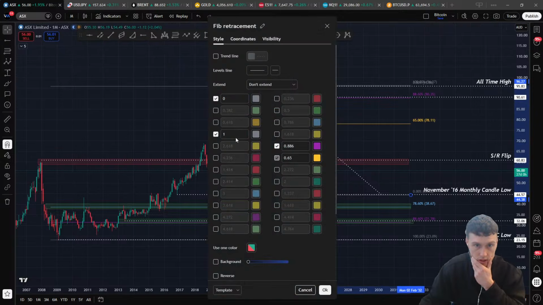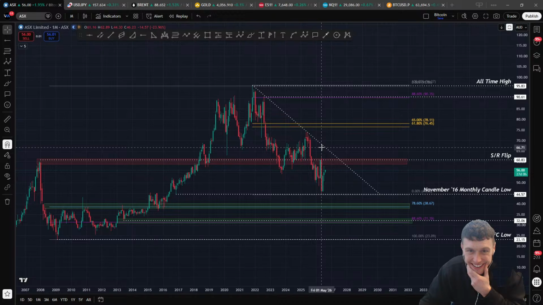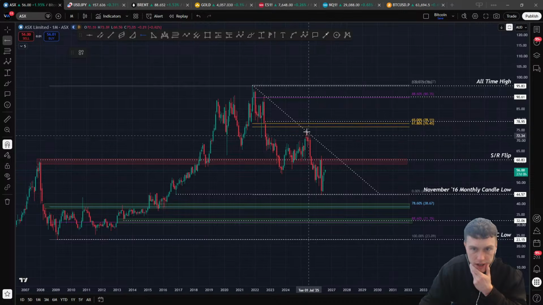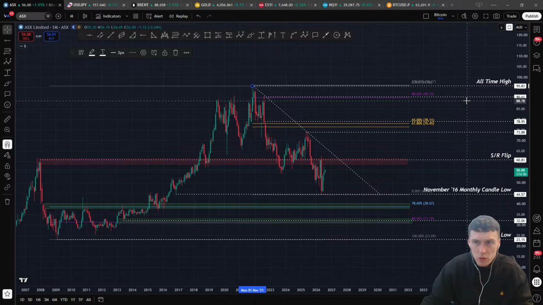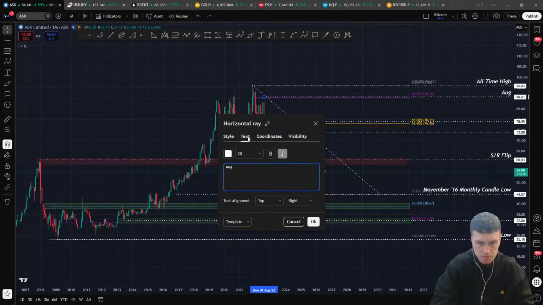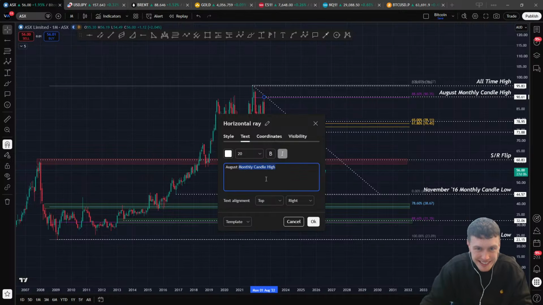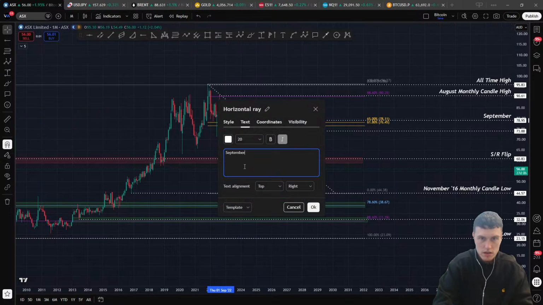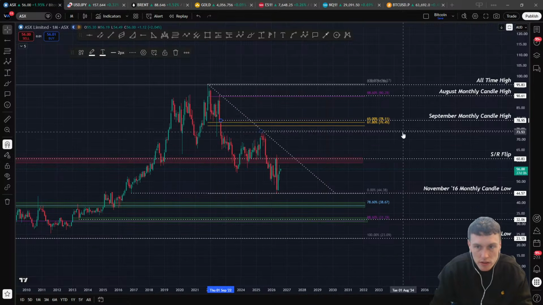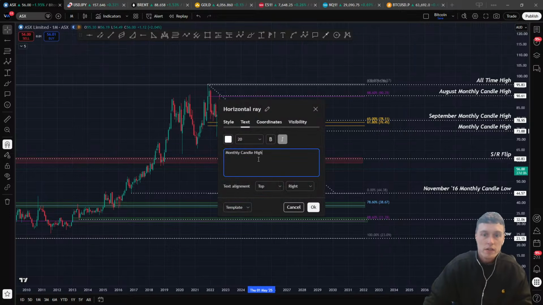Nothing to do with that. Where is a monthly candle high? Alrighty. August. September. Whilst I'm doing the ASX for Craig, does anyone else have an idea for a next one?